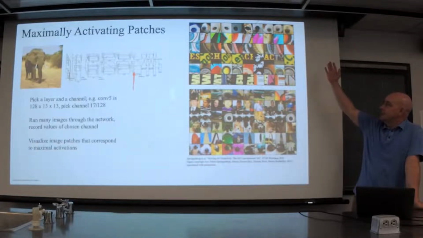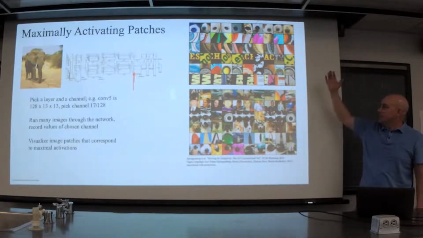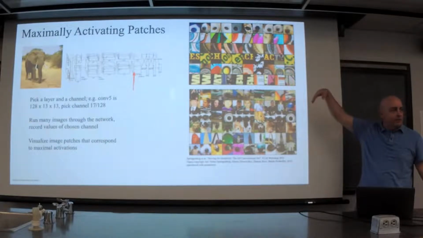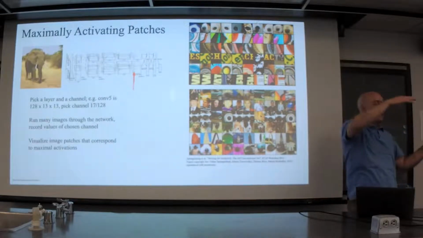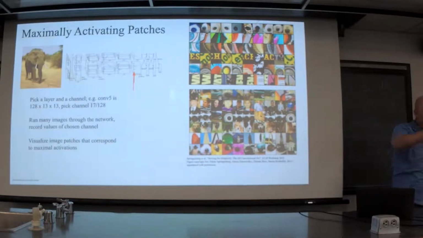By the way, what is this telling you about the network? If patches like this are maximally activating certain neurons as you get deeper and deeper into the network, what is that telling you?